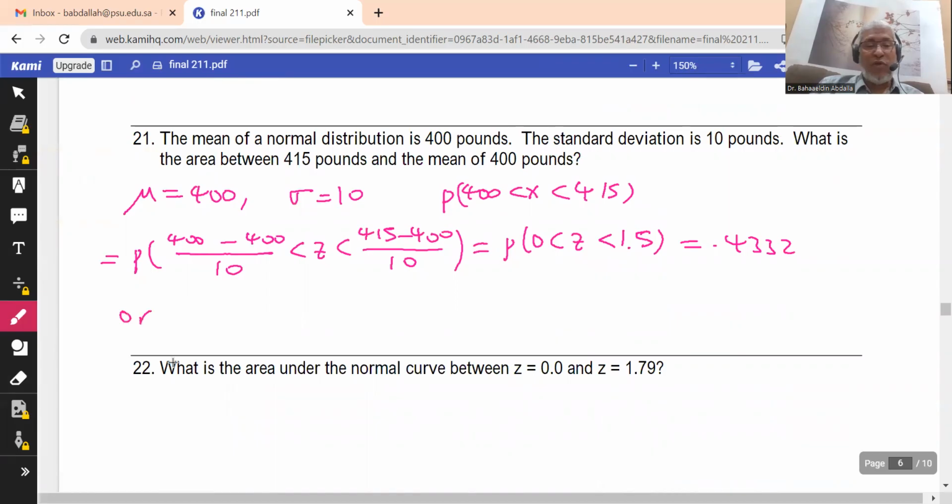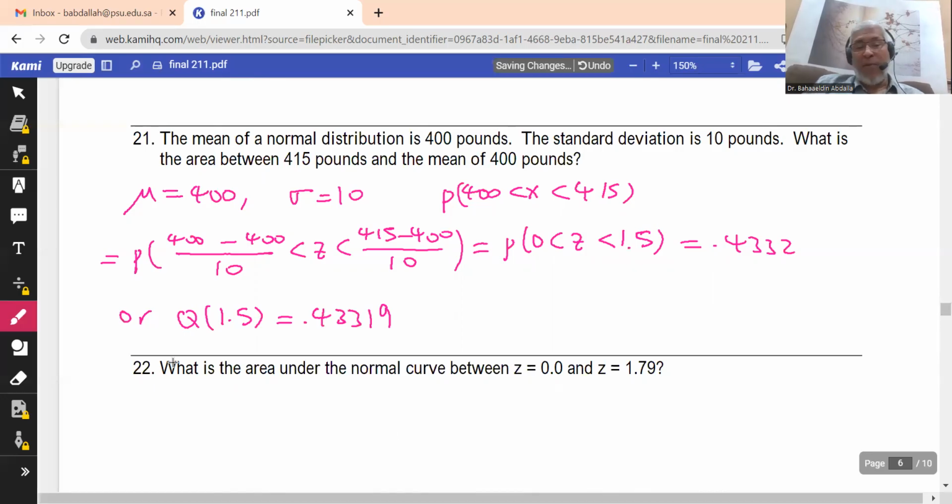If you want to use the calculator, you don't use P here. You go to mode stat, 3 stat, number 1, then on, and then shift 1 stat, then 5 distributions, and now you have number 2, Q. So Q in the calculator will give you the area between 0 and Z. So you ask for Q 1.5, and the answer would be 0.43319.